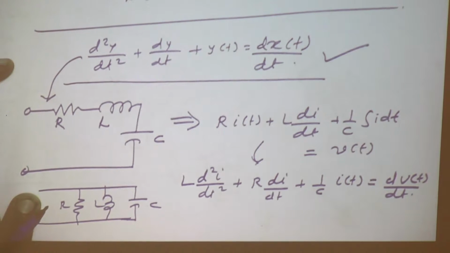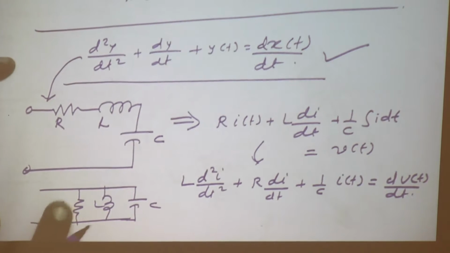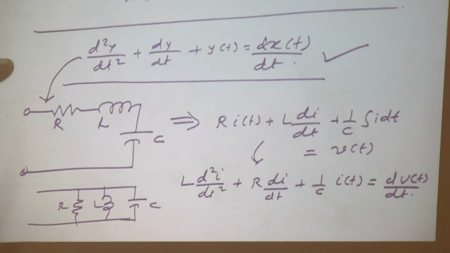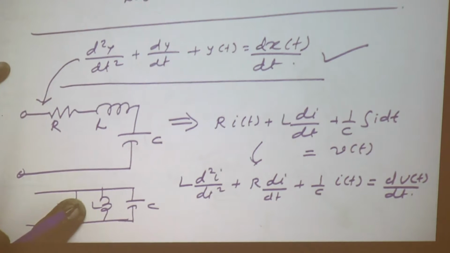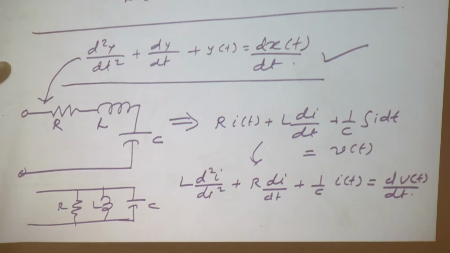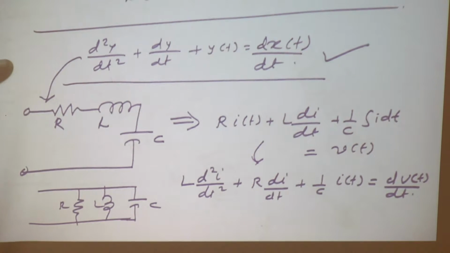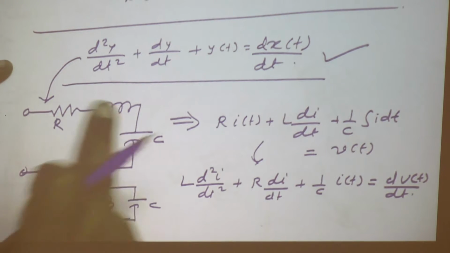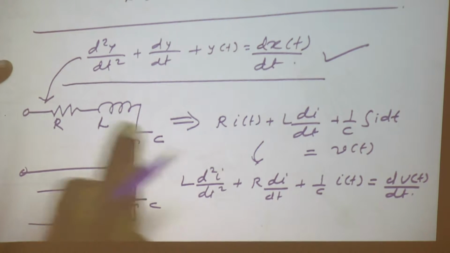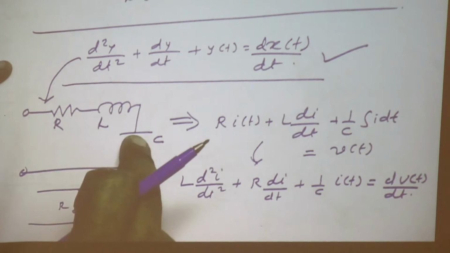Alright, response. So the same differential equation could be realized in multiple ways. It could be a series, it could be any topology that you add. Any combination of RLC is going to give you a second order differential equation. It could be RL series and this parallel, or this series with this parallel combination, and so on.